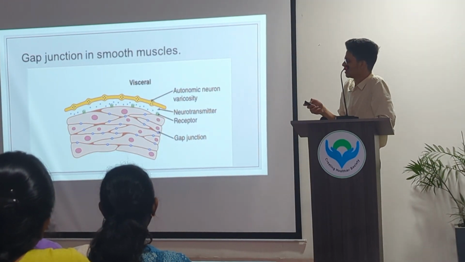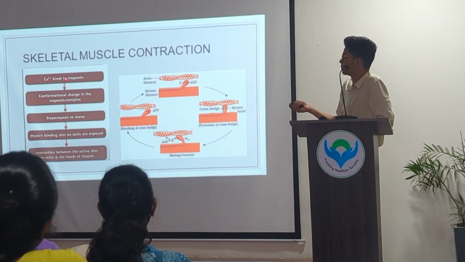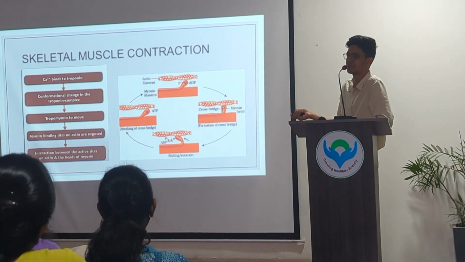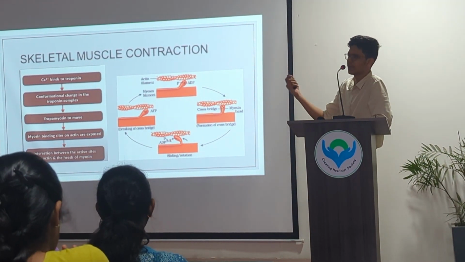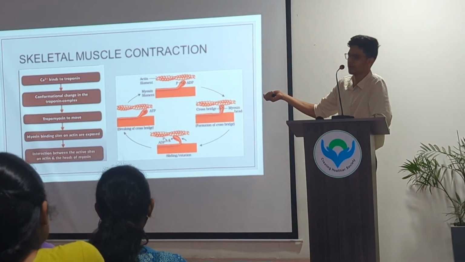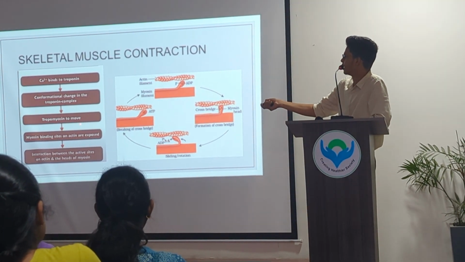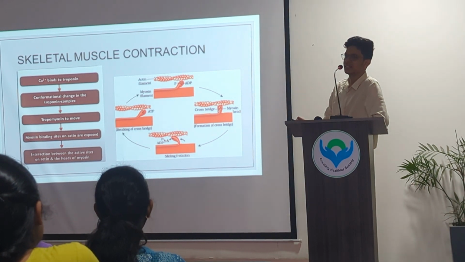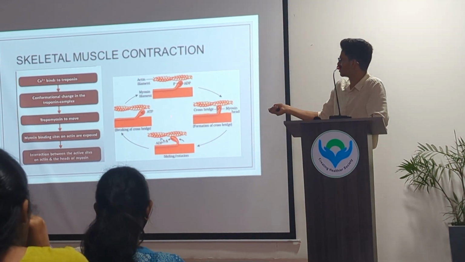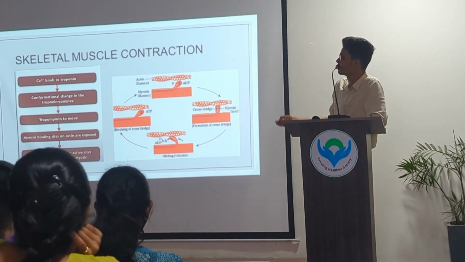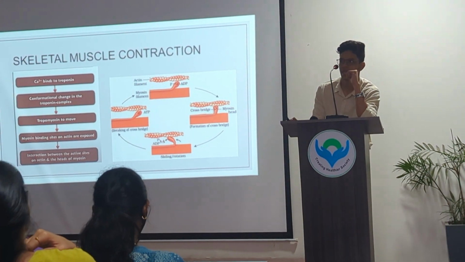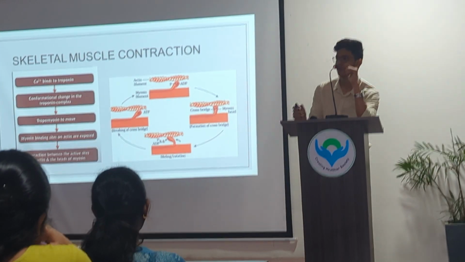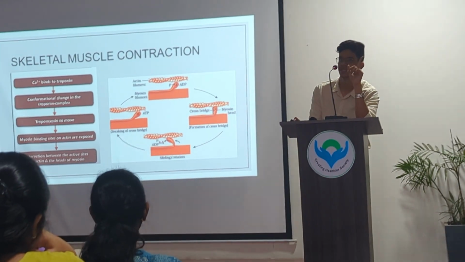So basically, the contraction that happens in a skeletal muscle varies from the contraction in a smooth muscle. In skeletal muscle you have this cross arm. You have tropomyosin in skeletal muscles that masks the binding sites of the myosin cross arm. To unmask it, we use calcium ions, and these calcium ions come from the sarcoplasmic reticulum in skeletal muscles.